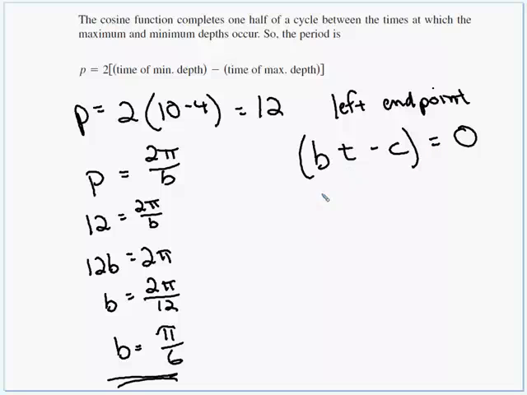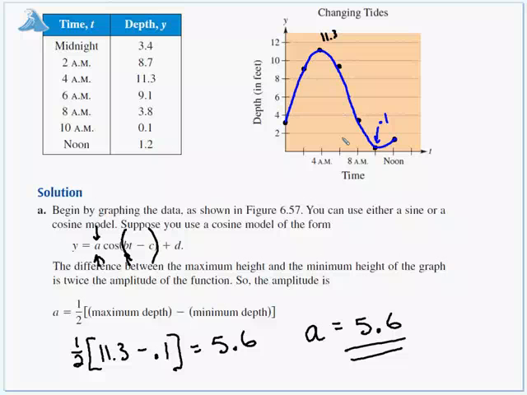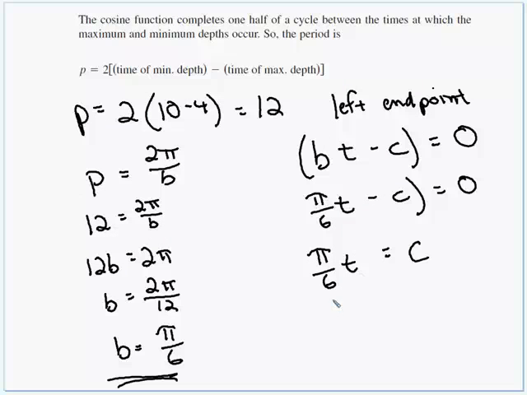And we found b was pi over 6. So pi over 6 times t minus c equals 0. And I can add c to both sides. Pi over 6 times t equals c. And in this case, we know when our max occurred, when our first peak was, and that was 4 a.m. So for time, the time is 4 a.m.